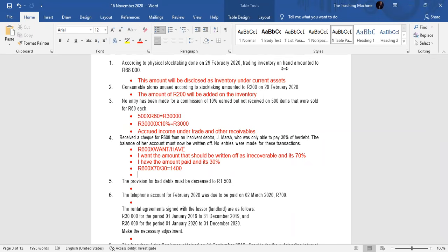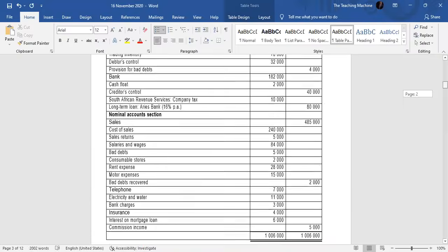All right. So now 1.4 will be excluded from debtors control. Now let's look at the amount for debtors control.